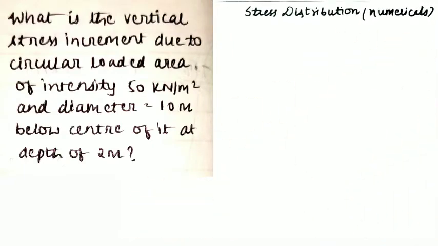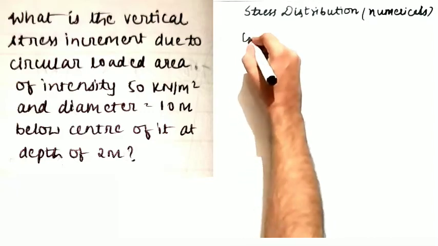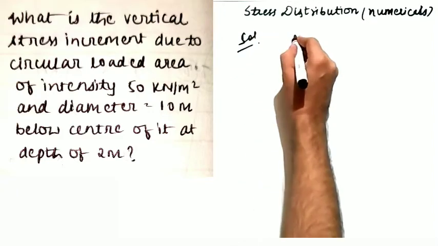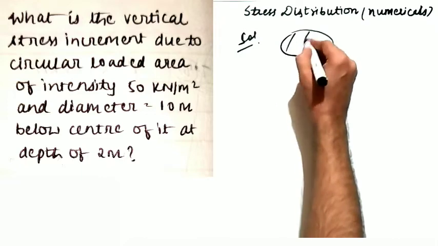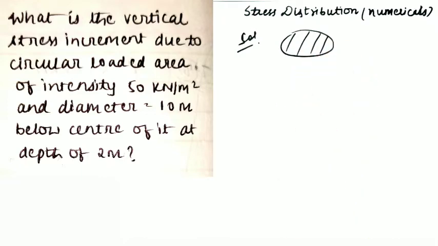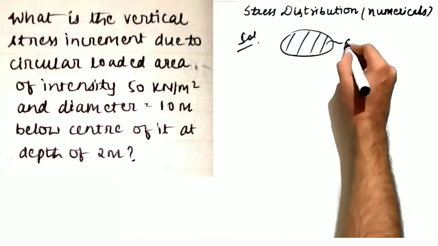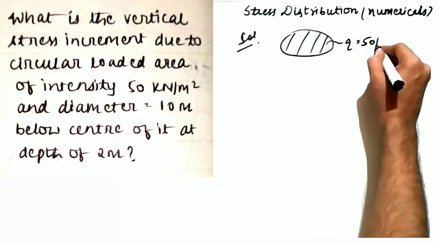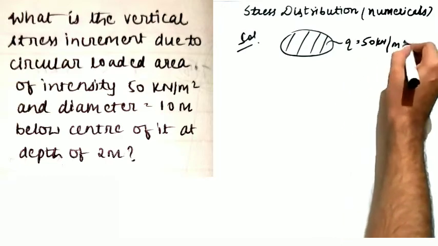The question says: what is the vertical stress increment due to a circular loaded area of Q equals 50 kilonewton per meter square and of diameter 10 meter, below the center of it at a distance of 2 meters? First of all, let us draw the diagram. What does the question say? There is a circular loaded area and the intensity of loading that is placed is Q equals 50 kilonewton per meter square.